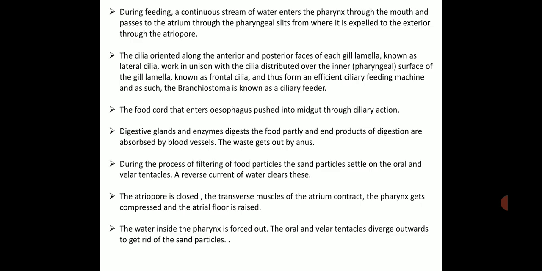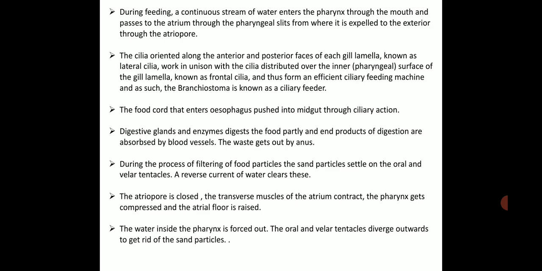The cilia oriented along the anterior and posterior faces of each gill lamella, known as lateral cilia, work in unison with the cilia distributed over the pharyngeal surface of the gill lamella, known as the frontal cilia, and thus form an efficient ciliary feeding machine.